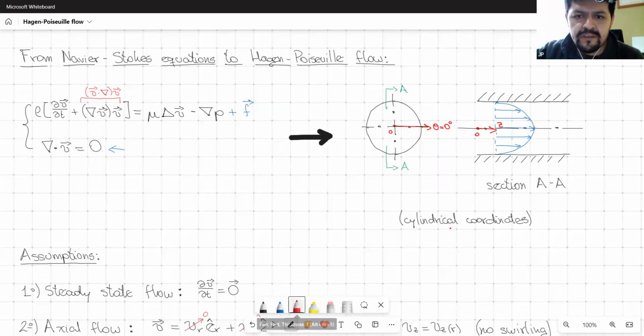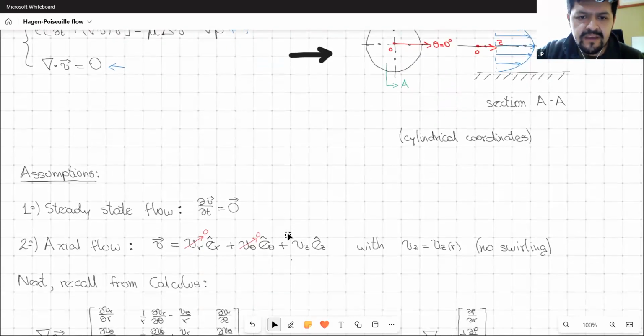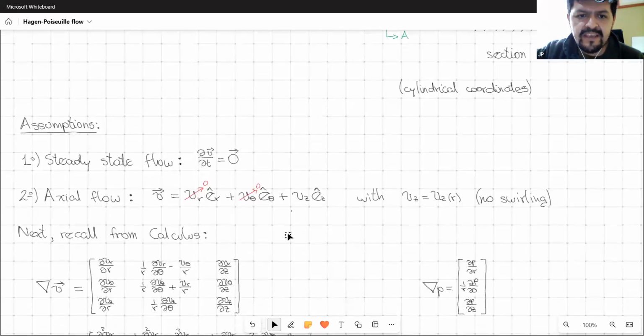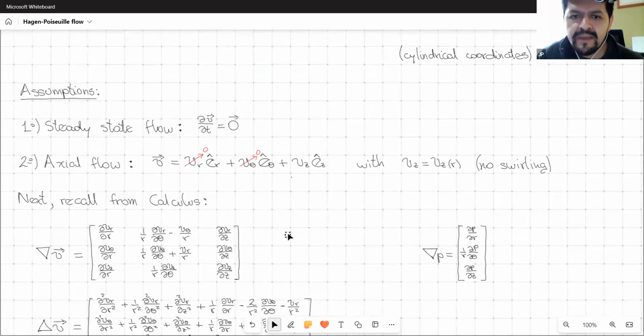So to start with the calculations, we need to get some assumptions in place. The typical assumptions are that the flow is steady, essentially no dependence on time. Another typical assumption is that this is an axial flow problem, meaning that out of the three components, the radial direction, the tangential direction, and the axial direction, the only one which is not 0 is precisely the axial direction term.